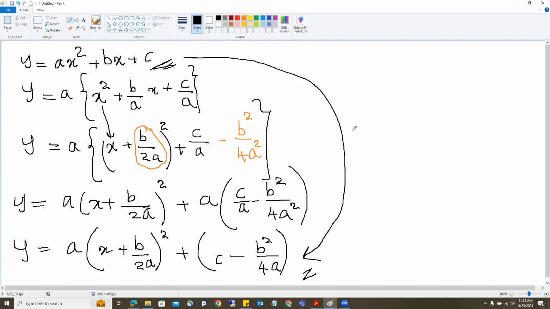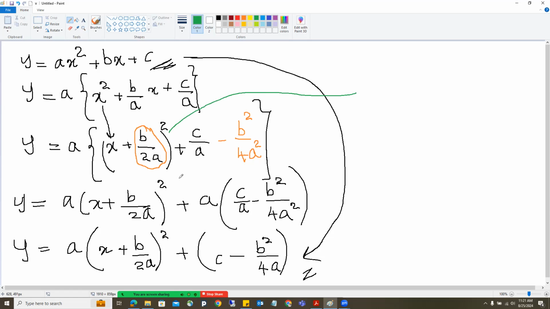How do you get the minus b squared over 4a squared? Yeah, that's what I'm telling. Here you make it a complete square.